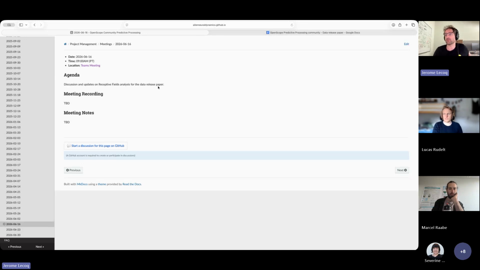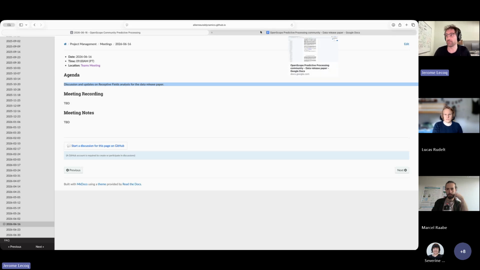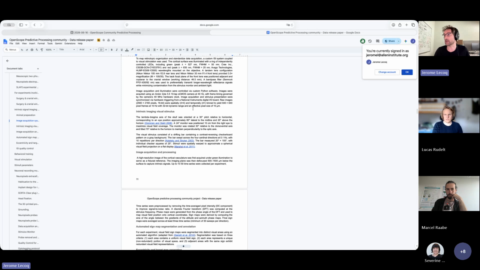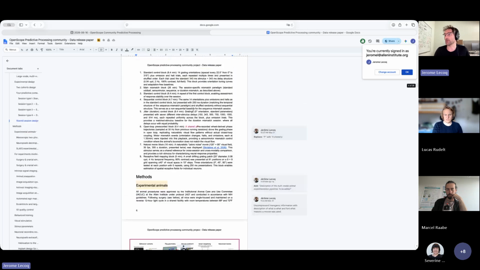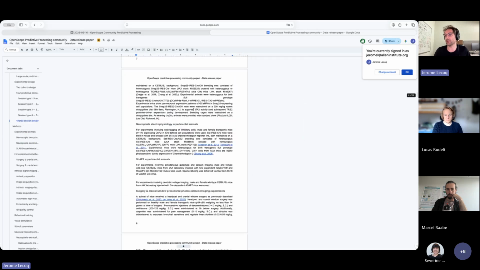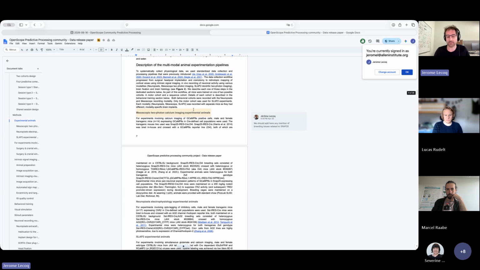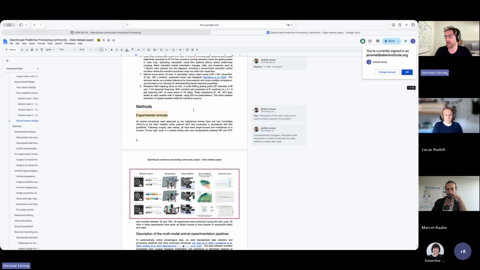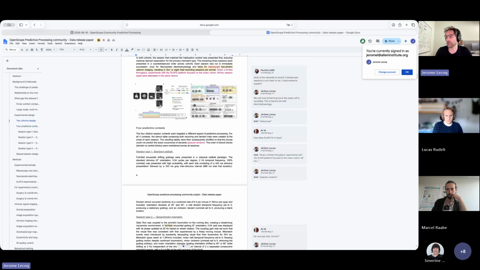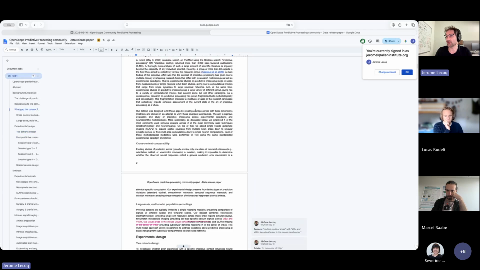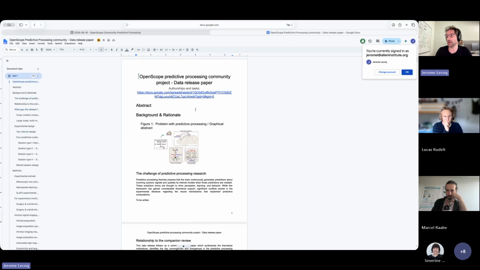Today we plan to discuss receptive field, which is one of the figures that we plan to do for the data release paper, which I have here. Currently, the majority of the methods is written, and I also iterated the first few figures of the manuscript.